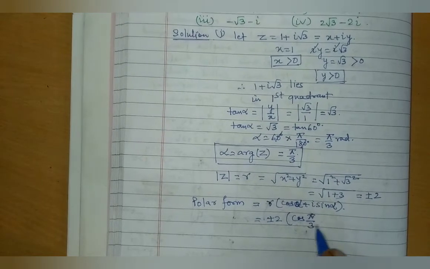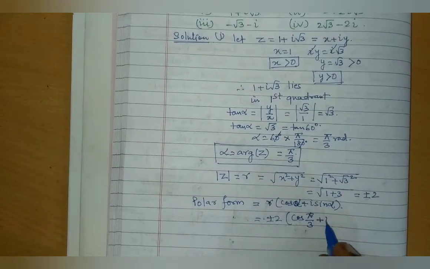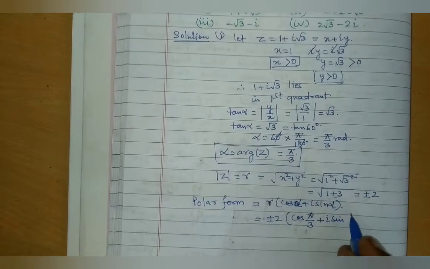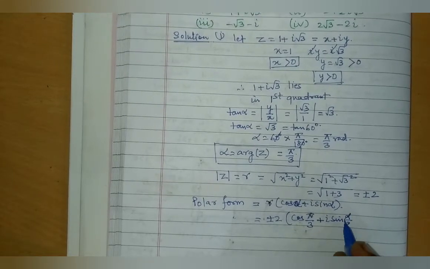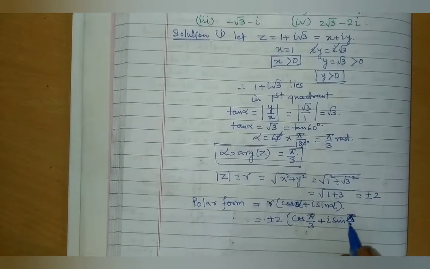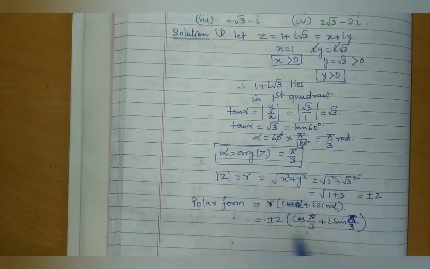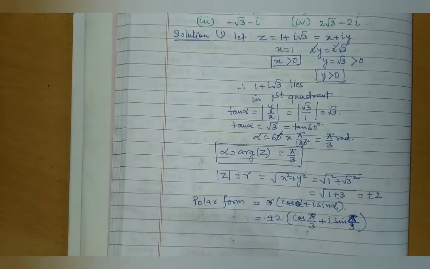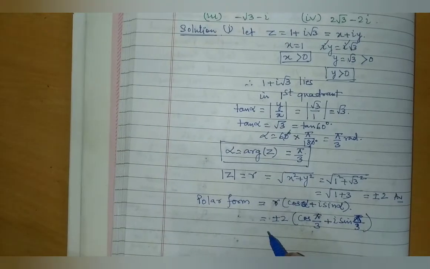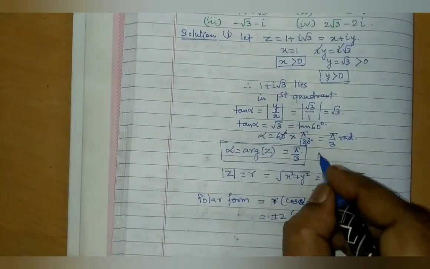So pi by 3, cos pi by 3 plus i sin pi by 3. So this is the polar form of the complex number. So now this is the answer.